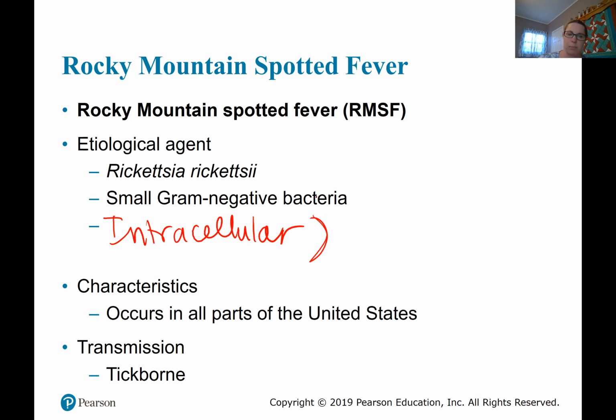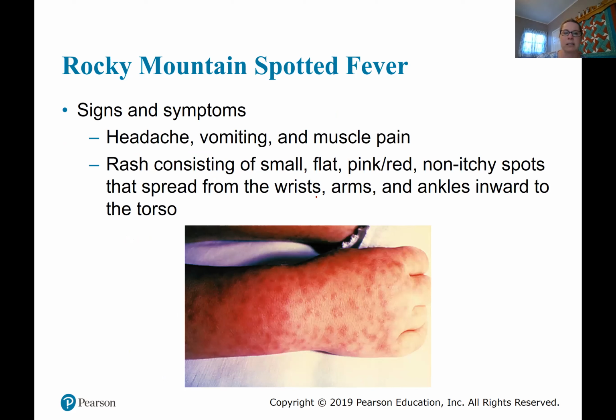But it is a tick-borne disease, and the spotted fever gets its name from the rash that has flat, pinkish red spots on the skin that's not itchy. It can start out from the wrists and arms or ankles and move toward the torso.